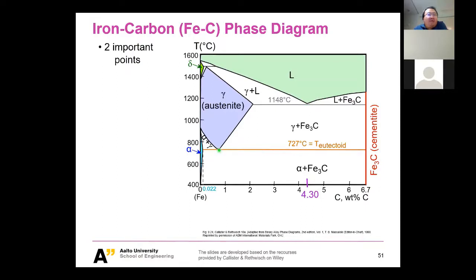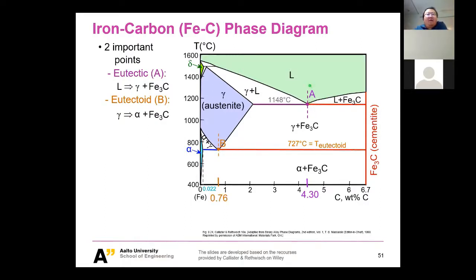And again, we have another interesting point, which is here. This is the one called eutectoid point. So let me just show you. Yeah, at the eutectic point, you will see when you cool it down from liquid, the liquid becomes gamma phase, which is here, plus the cementite. Yeah. So these are two solid solutions.